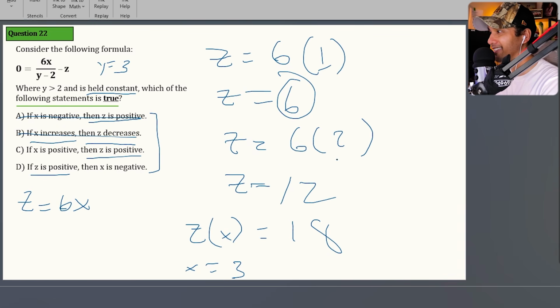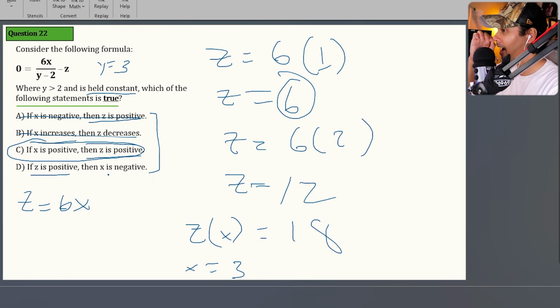But we see here that the relationship is, this is correct. If x is positive, then z is positive. And if z is positive, then x is negative? Well, I think we proved that. When z is positive, x is negative because you can't have x and z the same sign whenever we start with x.